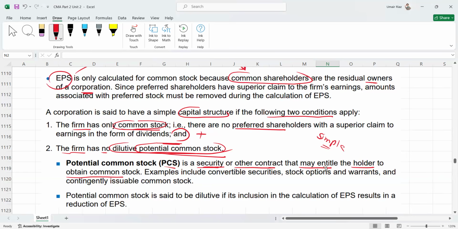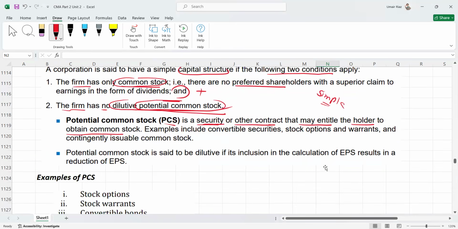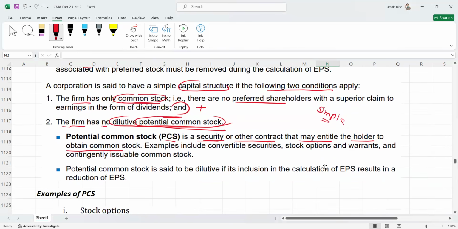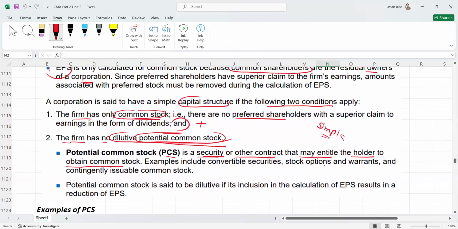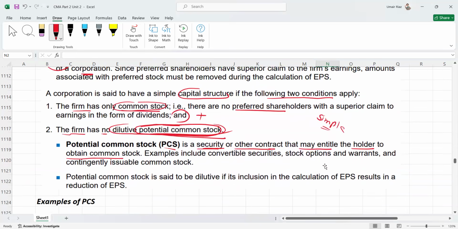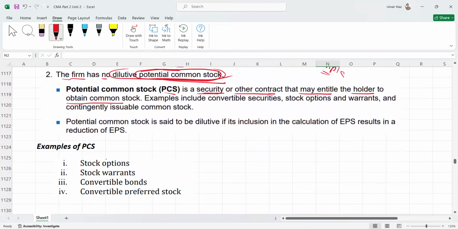Okay, now please remember, if a company has a complex capital structure. So what is a complex capital structure? For example, maybe we have potential common stock in our capital structure. Potential common stock, the examples I already told you: stock options, stock warrants, convertible bonds, convertible preferred stocks.